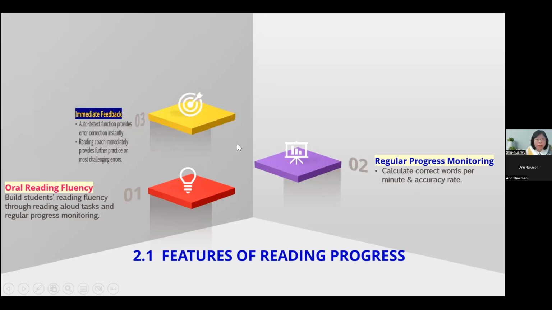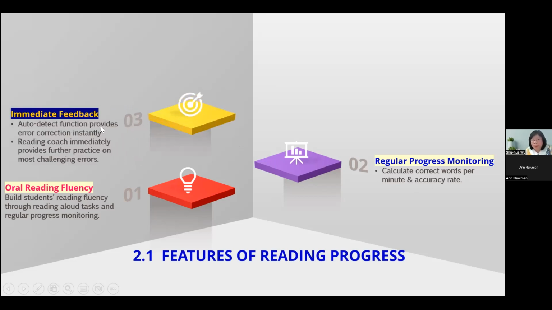Number 3 is the immediate feedback. Now, this is quite an important part because we are in the EFL setting. Most of the time, our students do not get sufficient exposure to authentic English.